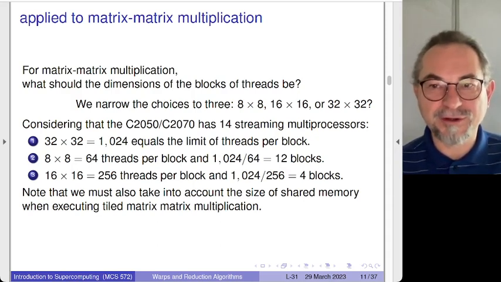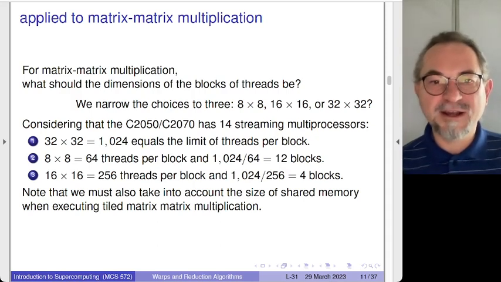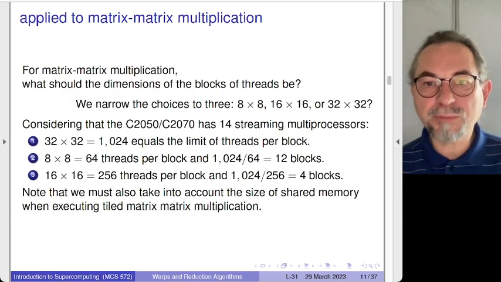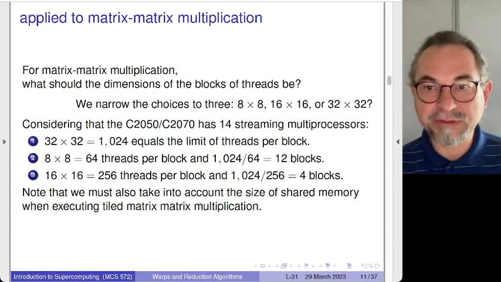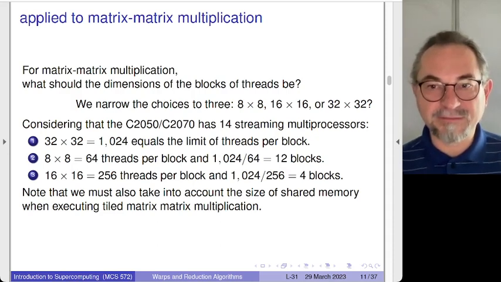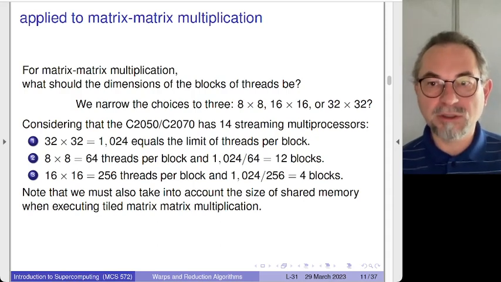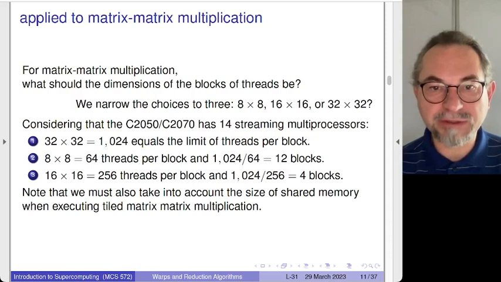I was confused earlier between 14 and 13. The C2050 had 14 streaming multiprocessors, where you had 32 cores per streaming multiprocessor. So that made for 14 times 32 cores. The next level, the Kepler architecture, had 13 streaming multiprocessors, but 192 cores per streaming multiprocessor.